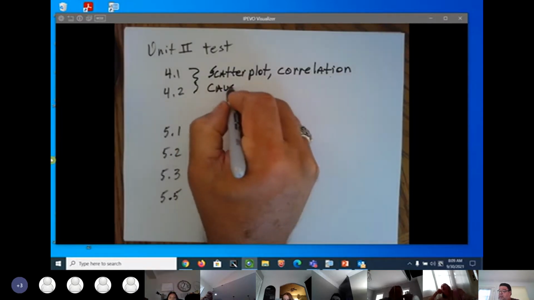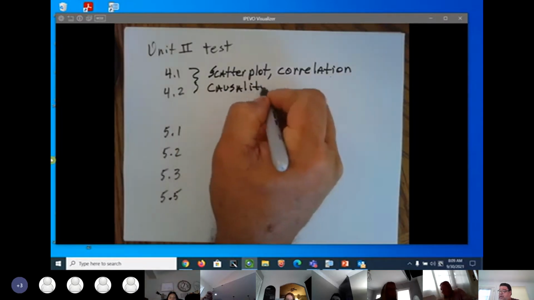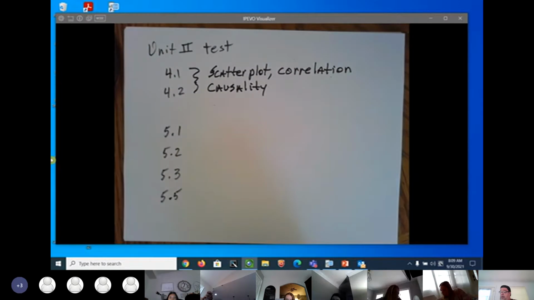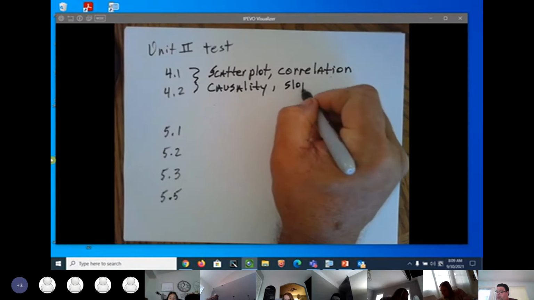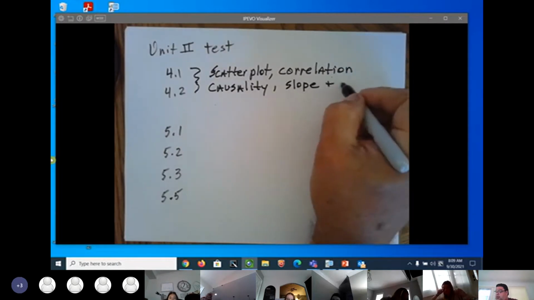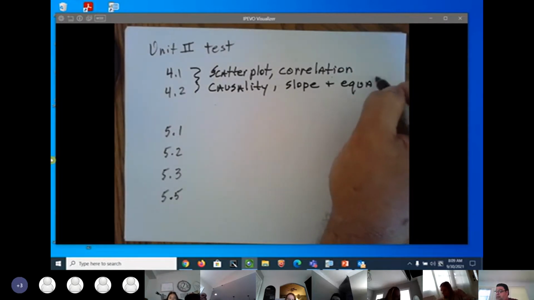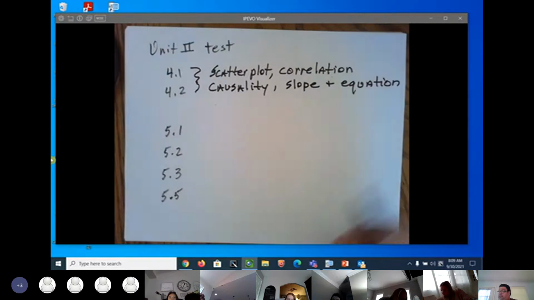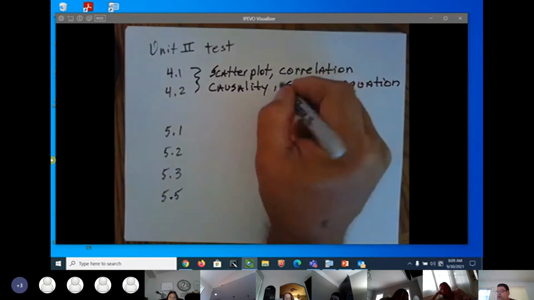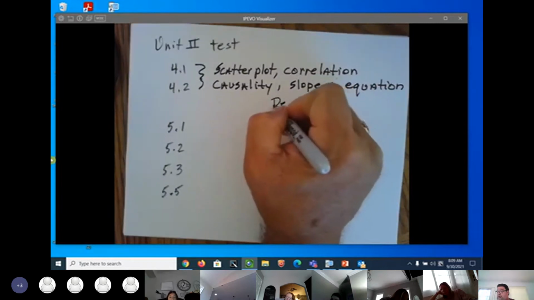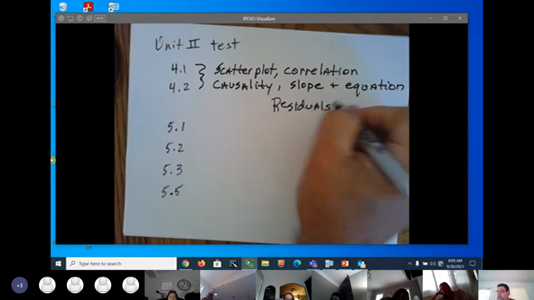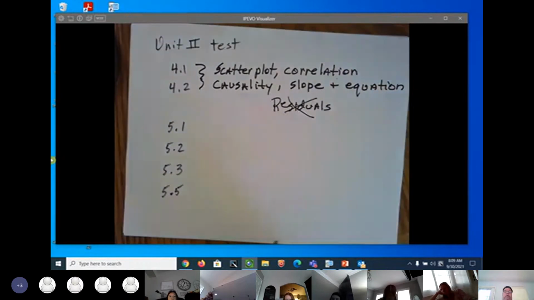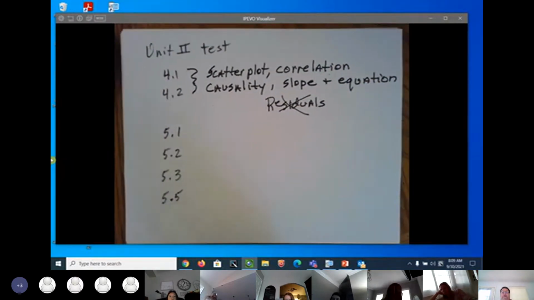Causality is more of a common sense thing. And slope and equation: make sure you can calculate the slope and the equation given 2 points. Again, I'm not going to test you on residuals. Residuals, that work we did, that was for homework. So you could finish your homework.